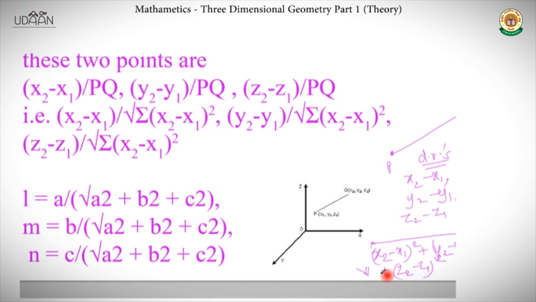We must divide each of the direction ratios by this term so as to obtain the corresponding direction cosines. So the direction cosines can be found to be these, where A, B and C are the direction ratios.